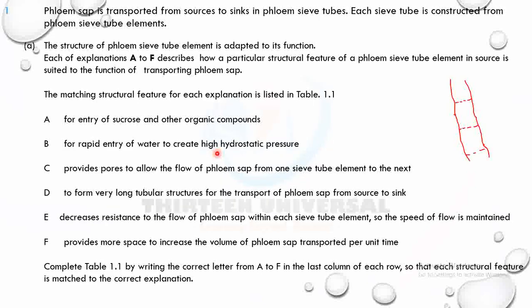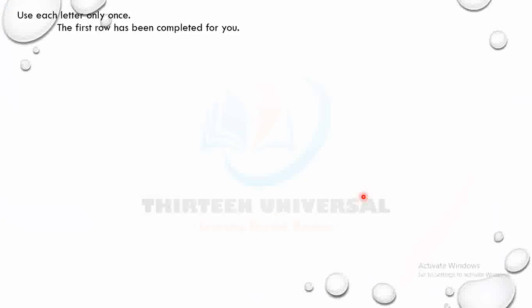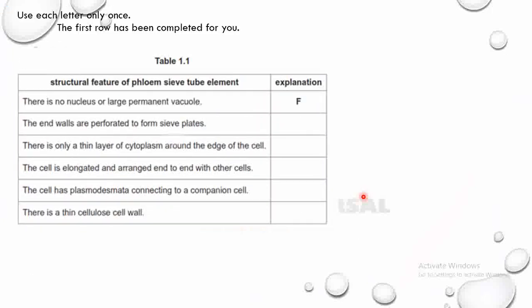I think that's to decrease resistance to flow of phloem sap within each sieve tube element, so the speed of flow is maintained. That creates more room and reduces resistance to the flow. That's why we have thin cytoplasm there. Is that okay? So that's E.